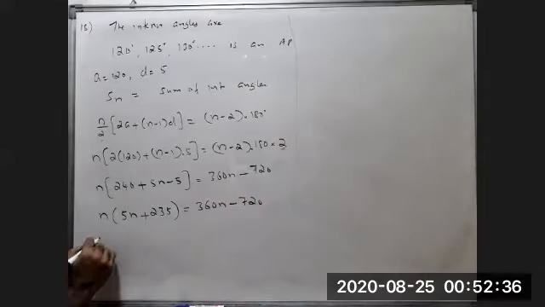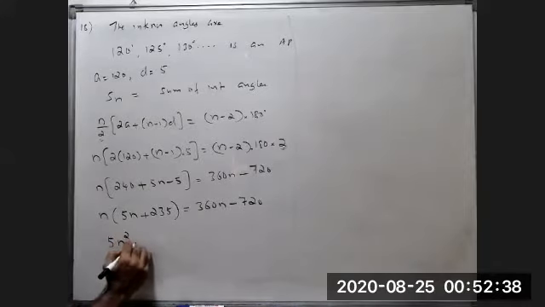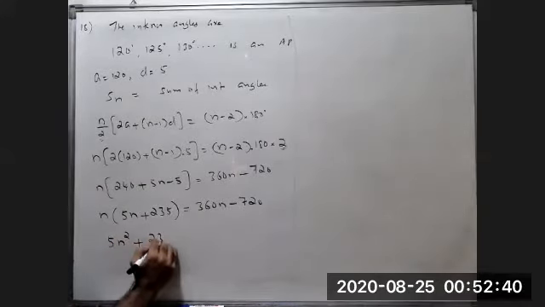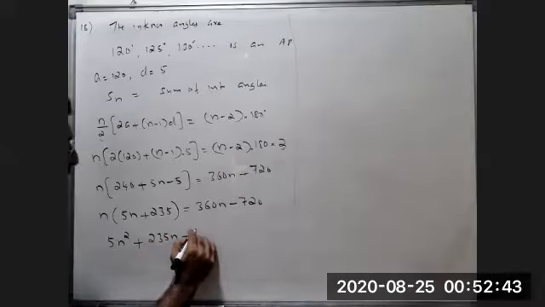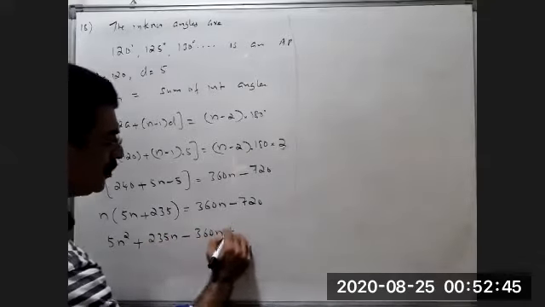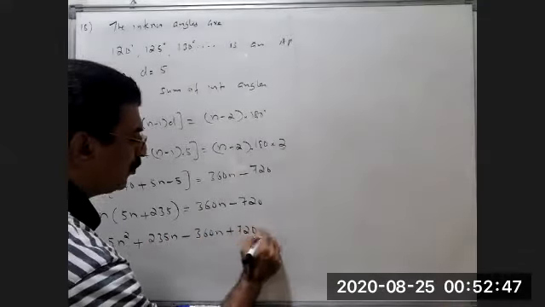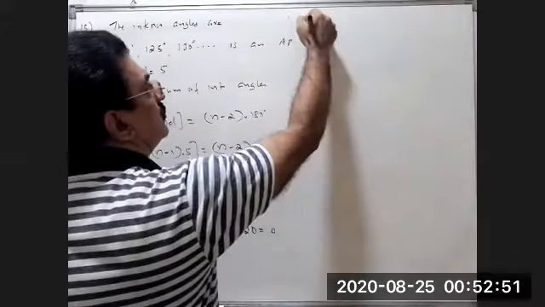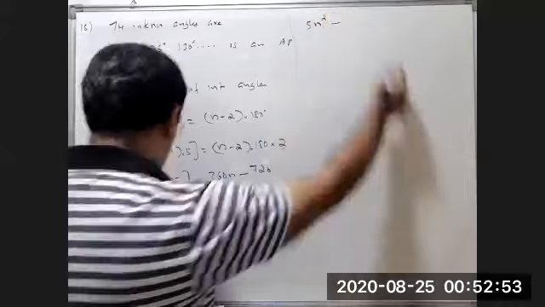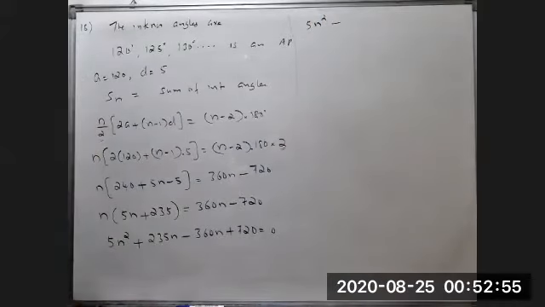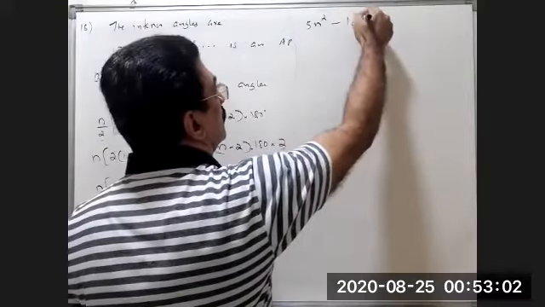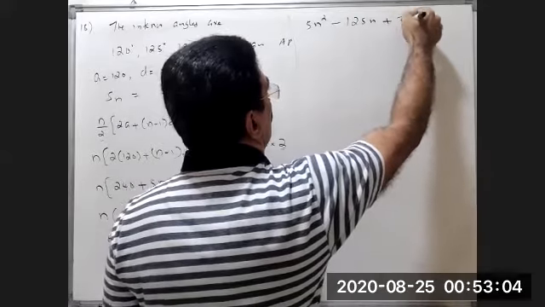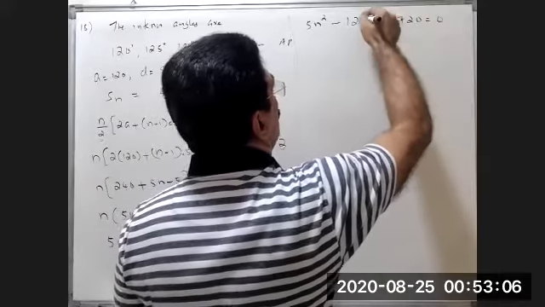Opening bracket, 5n square plus 235n minus 360n plus 720 is 0. Again simplifying, 5n square minus 125n plus 720 equals 0. This is a quadratic equation.